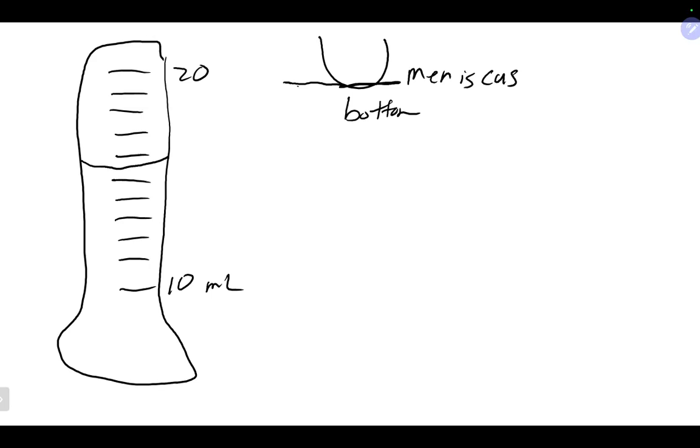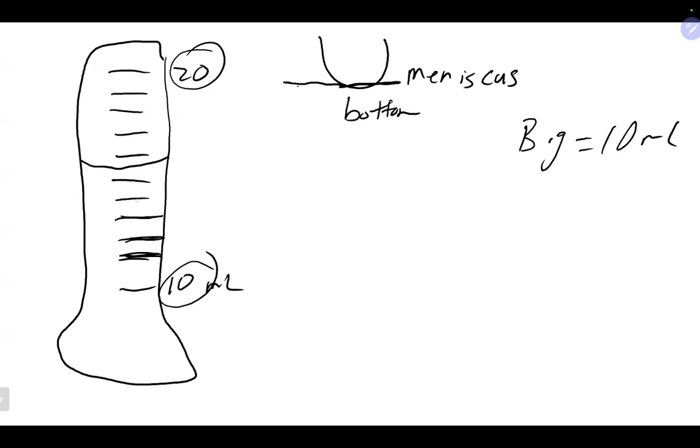So if we were to look at this, we would still want to look at our scale, and we see that the big markings go from 10 to 20 milliliters. That is a difference basically of 10 milliliters. Once again, if we start counting here, that is 1, 2, 3, 4, 5, 6, 7, 8, 9, and 10 markings between 10 and 20.